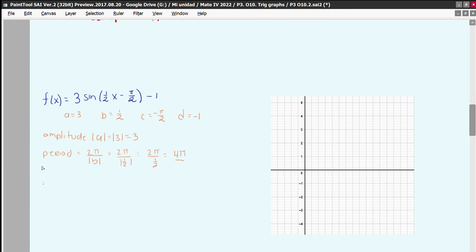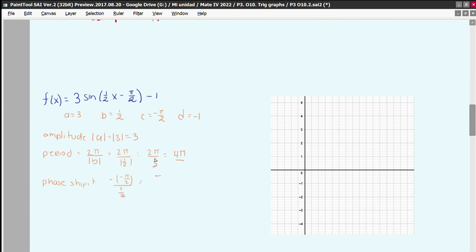Now let's find the phase shift. The phase shift is the horizontal displacement, and that is found as minus C over B. So I have to substitute the value of B, which is 1/2.